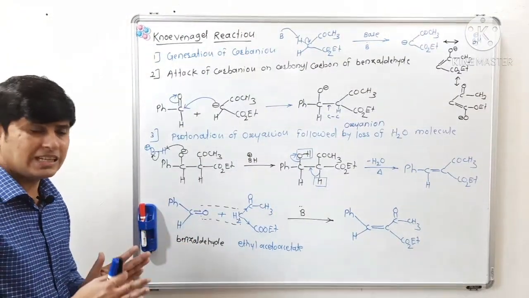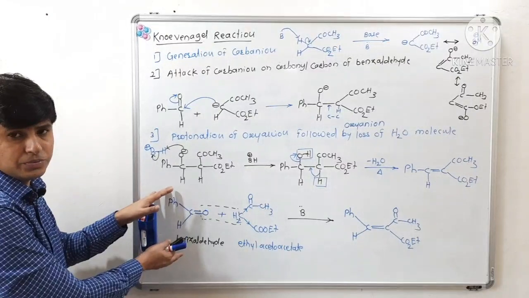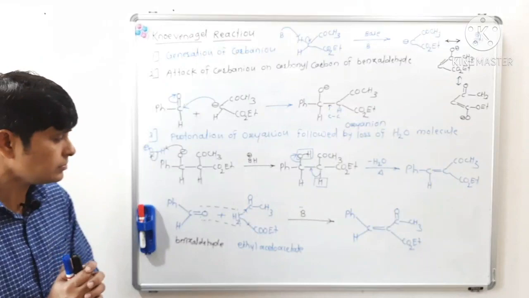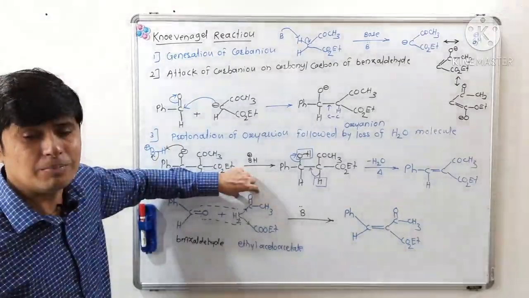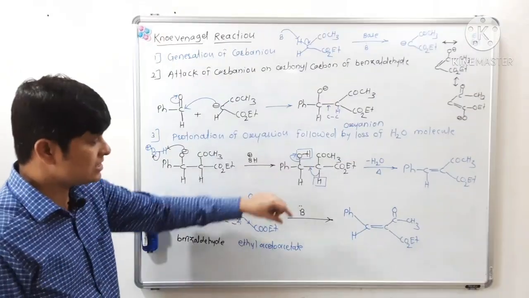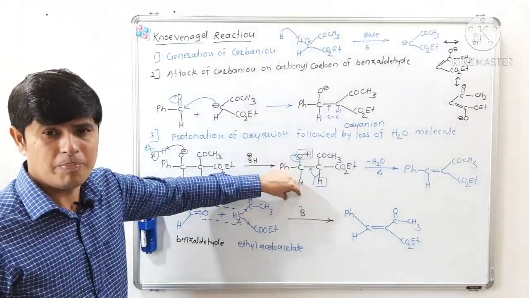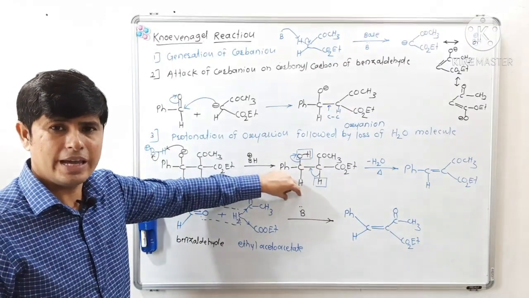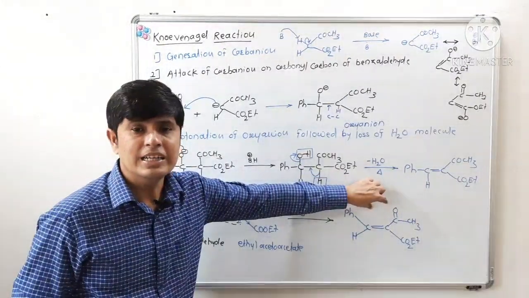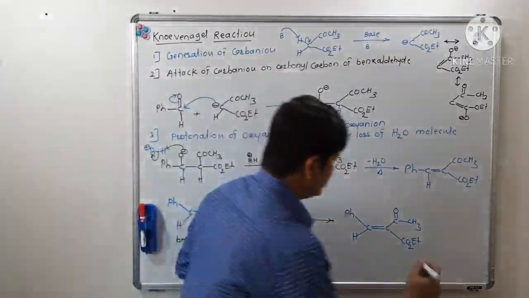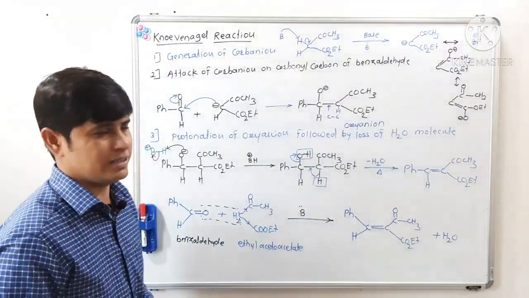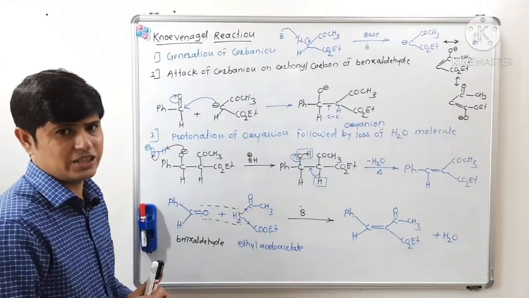It is a reaction of an aldehyde or a ketone, which does not have an alpha hydrogen atom, with an active methylene compound, in presence of a base like piperidine, pyridine, or alkoxide ion, to form a condensation product along with water as a byproduct. So this is the Knoevenagel condensation reaction.